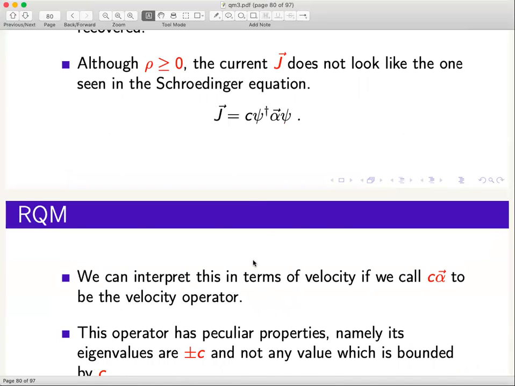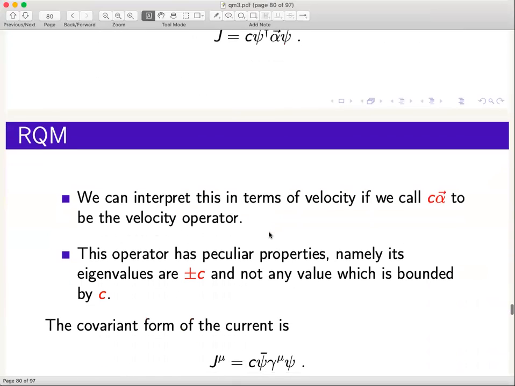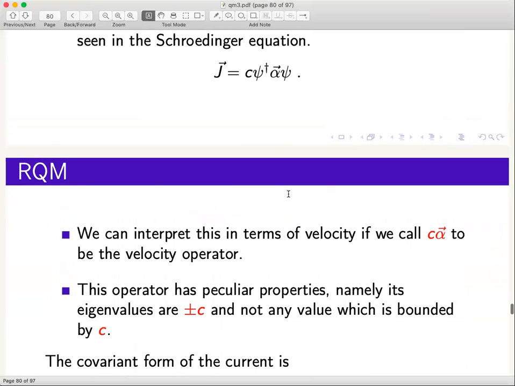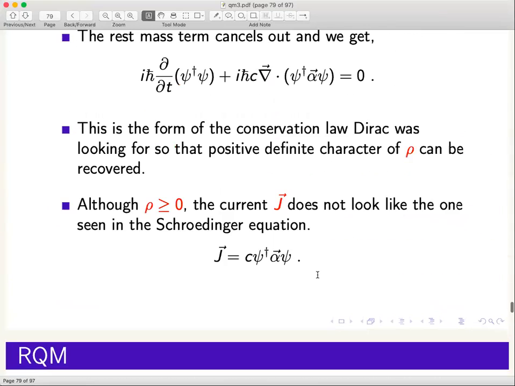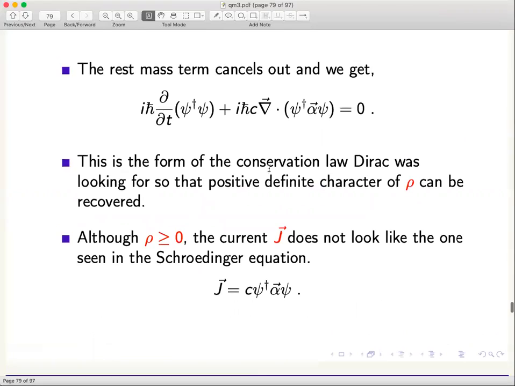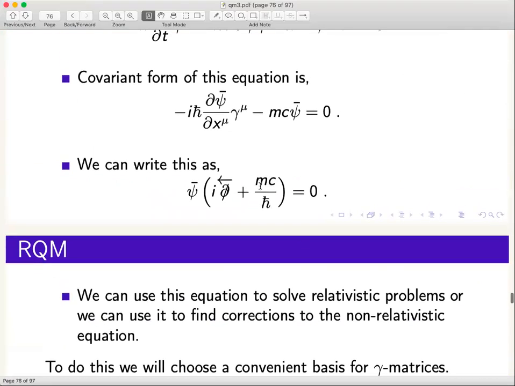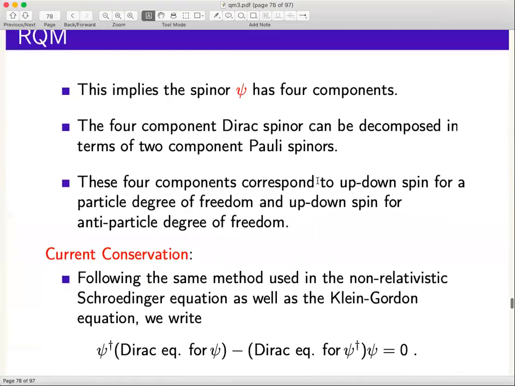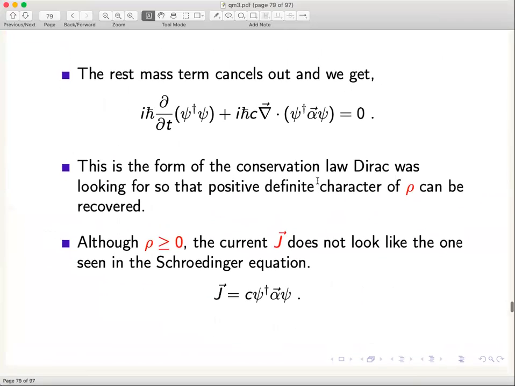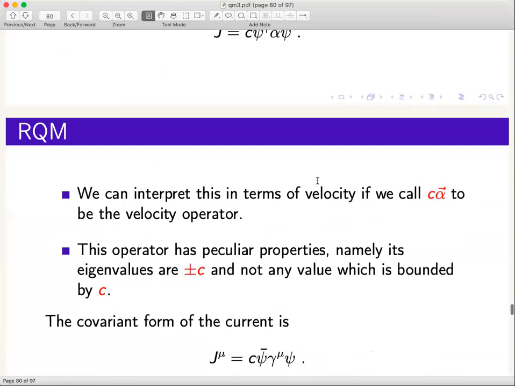But the problem with the velocity operator is that if you try to find out what are the eigenvalues of the velocity operator, then the eigenvalues are plus or minus c. This is a very peculiar thing because this is a current corresponding to a massive particle, because our equation has an explicit mass term. So you would have expected the velocity operator to return an eigenvalue which is smaller than c, but that's not what happens.